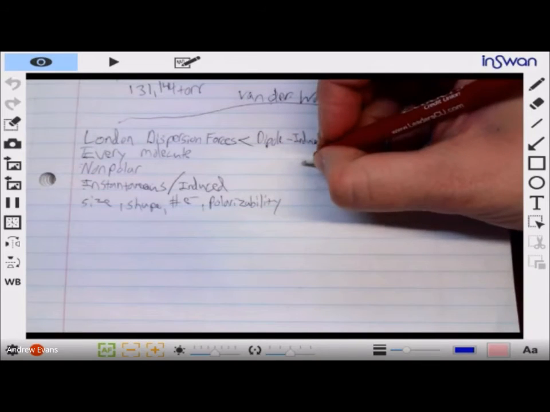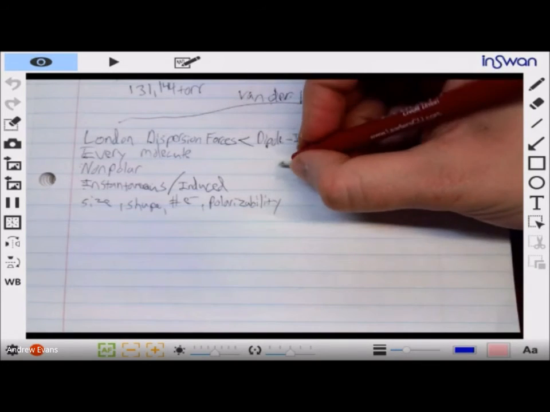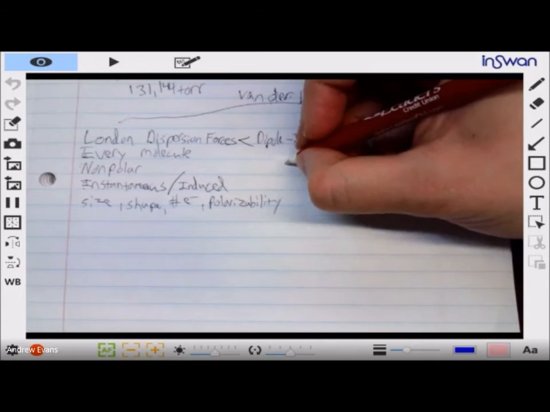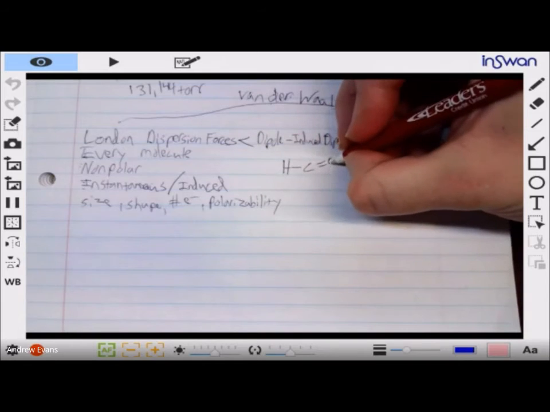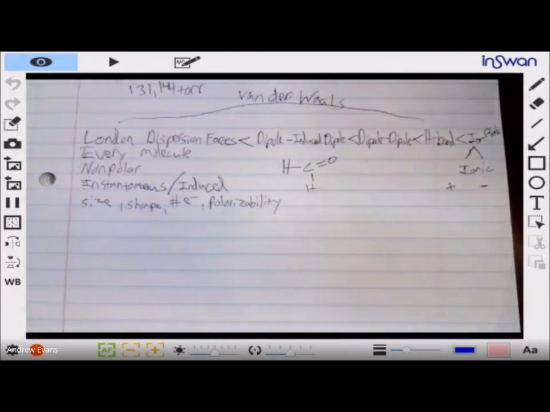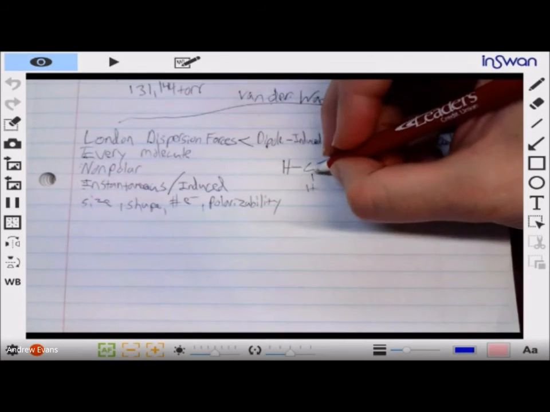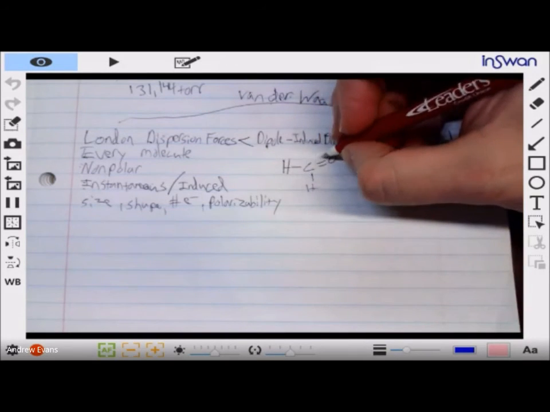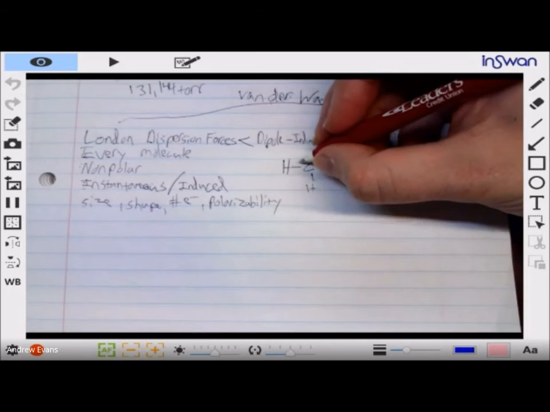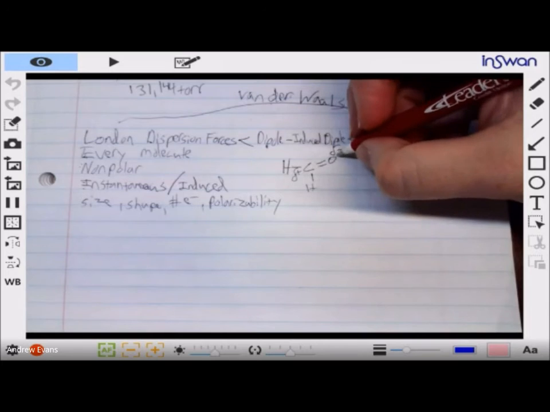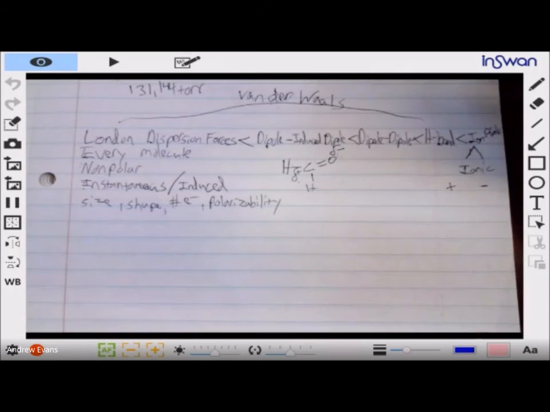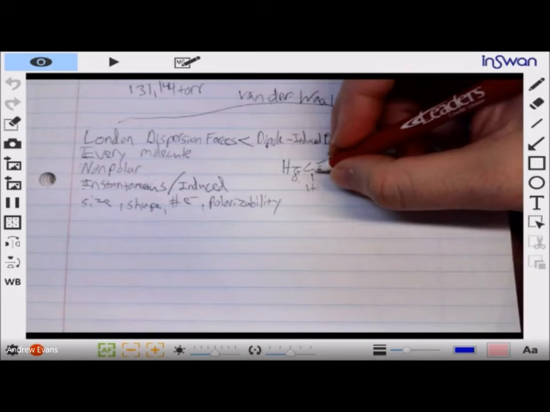If I have something like, say, HCHO, formaldehyde, HCH double bond O, this CO bond creates a partial negative around the oxygen and a partial positive around the carbon. And this can then be attracted to anything else that has a dipole, or it can even induce dipoles in other molecules.